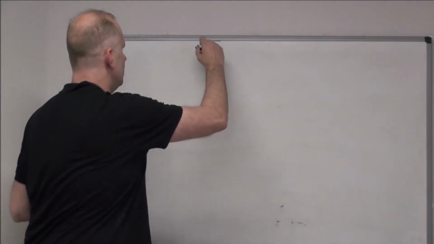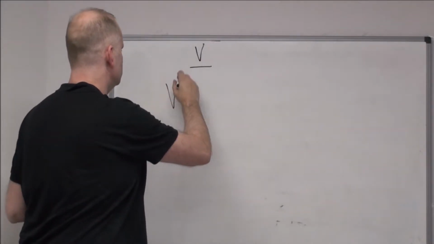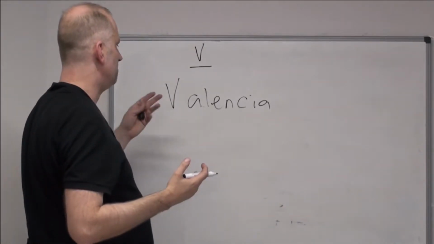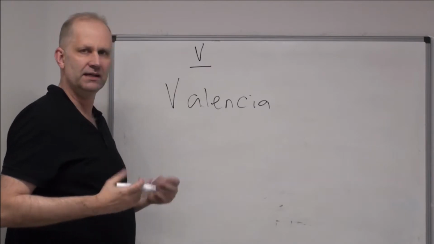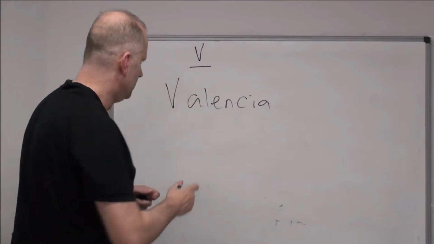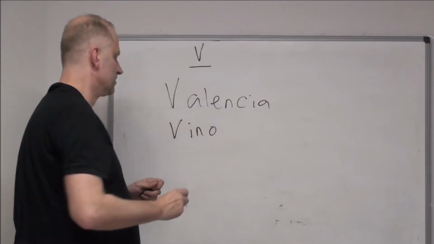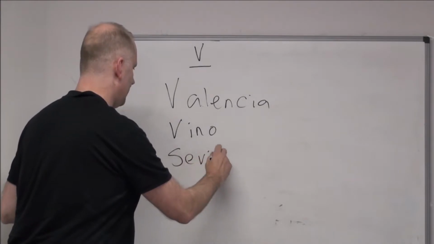So V is ube. When you say the city Valencia, the V sounds like a B. Always for me it sounds like a B. If you want to say wine, it's vino. Seville, Sevilla.